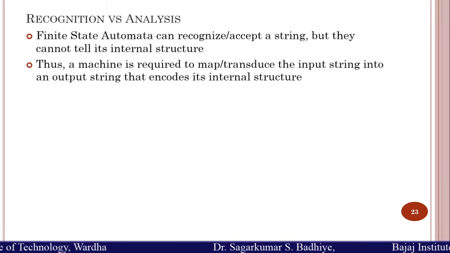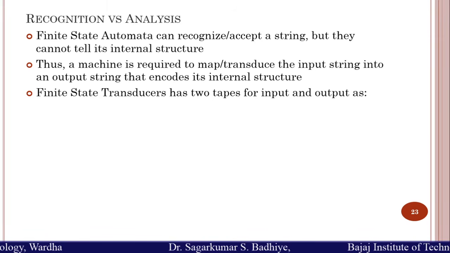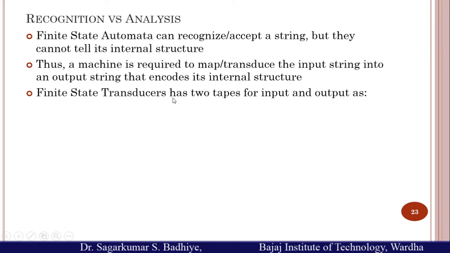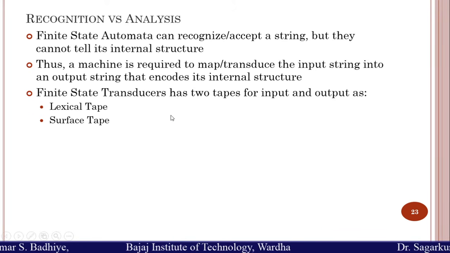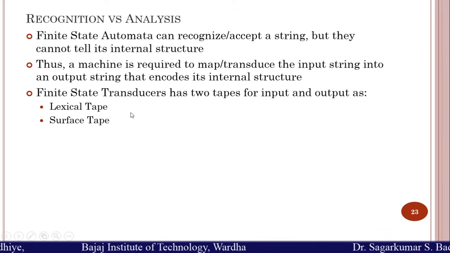Or vice versa, right? So we have something called finite state transducers, that is nothing but a modified finite state automata, and it has two tapes as input and output tapes. These two tapes are called the lexical tape and the surface tape. Any of these two tapes can act as the input tape or the output tape.